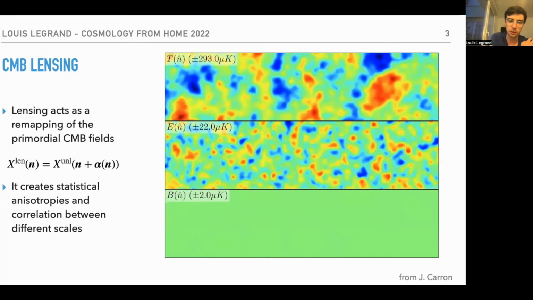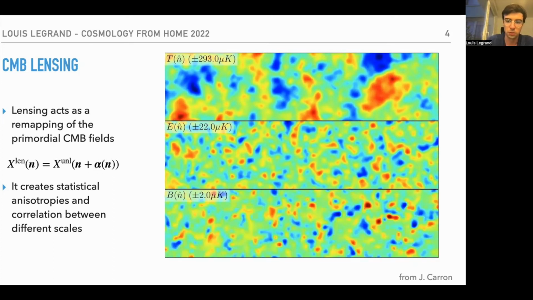CMB lensing can be seen as a remapping of the primordial CMB fields. Here I have the temperature, the E mode of polarization and the B mode of polarization fields. If there is no primordial gravitational wave, then there is no B mode in the primordial CMB field. The lensing will deflect this unlensed field to create a lensed field as a function of this vector deflection field alpha.